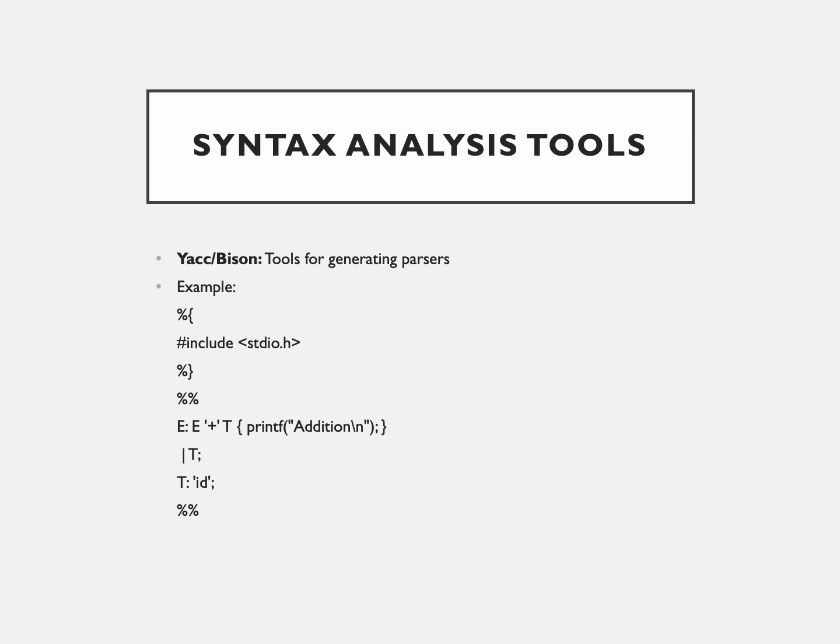Here we have another tool for syntax analysis which automates the process of generating parsers. Two widely used tools for this purpose are YACC and Bison. YACC is yet another compiler compiler, and its improved version is Bison, which are tools used to generate parsers based on a given grammar.